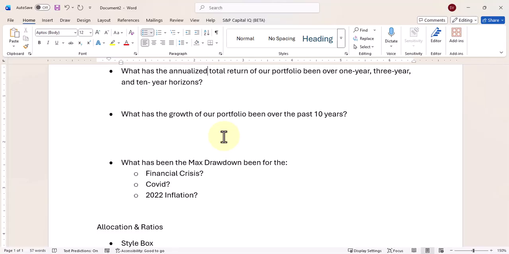What we want to be able to see here is, if a scenario happened, and we've had a few in the past 15 years where there's been a significant decrease in the value of the market.